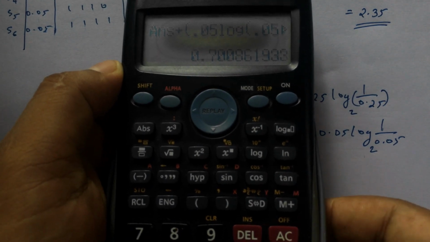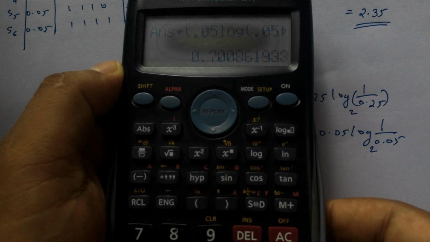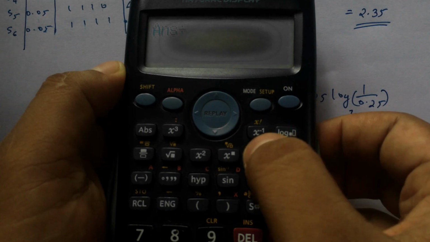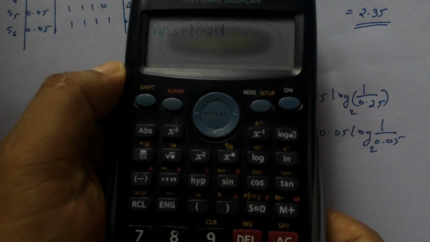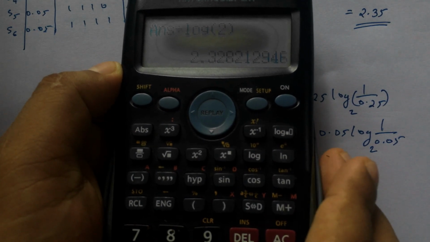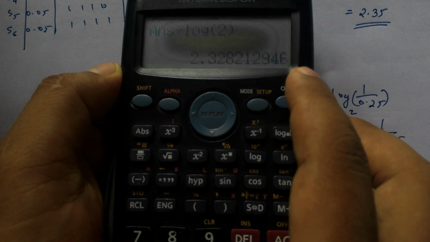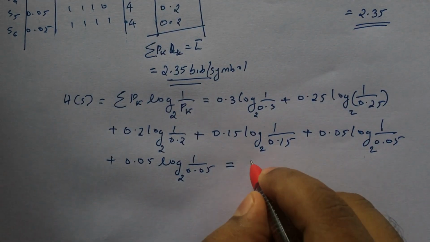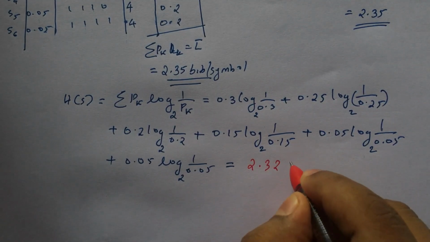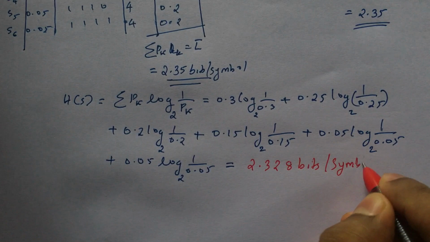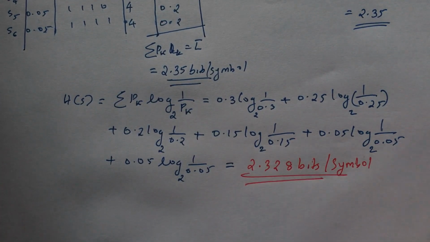So in order to convert it into logarithm base 2, we have to divide the answer with log 2. So we get the answer, 2.328. So the answer is 2.328 bits per symbol.